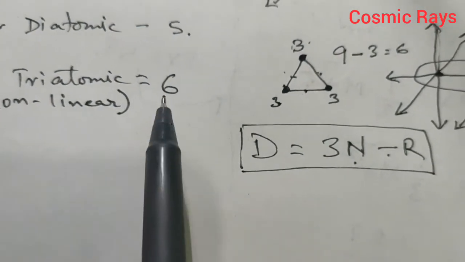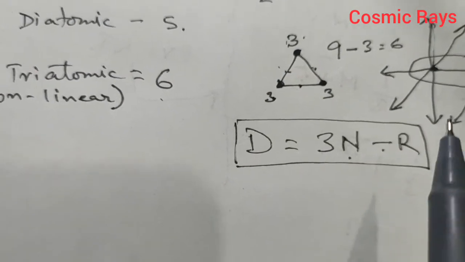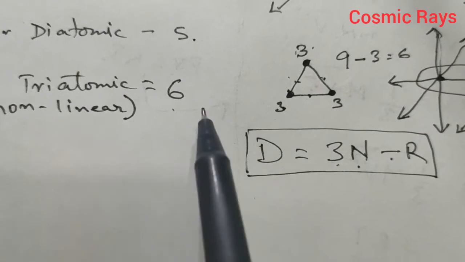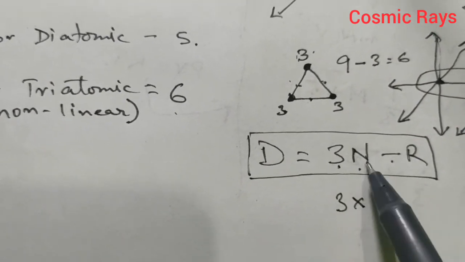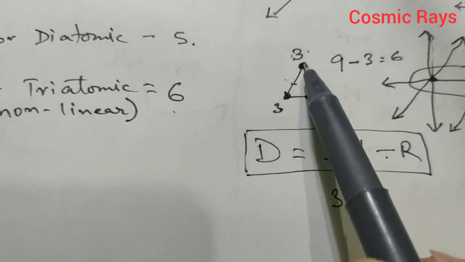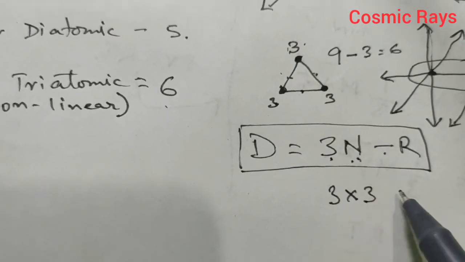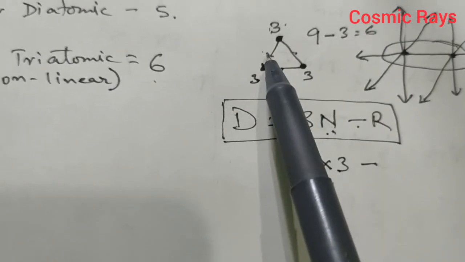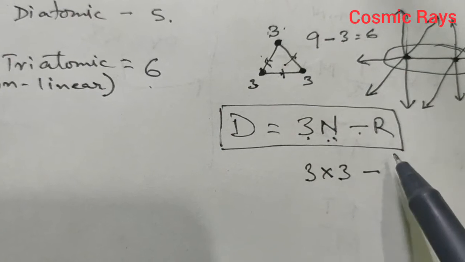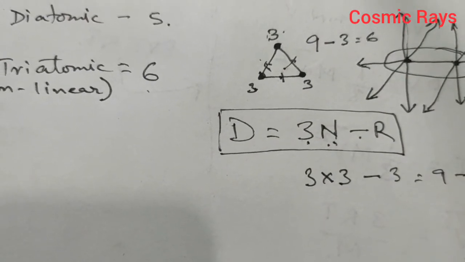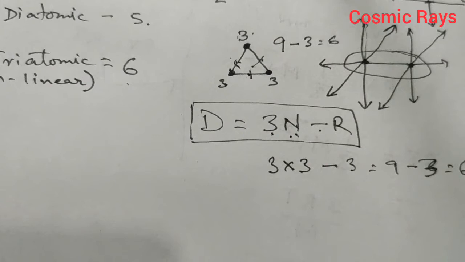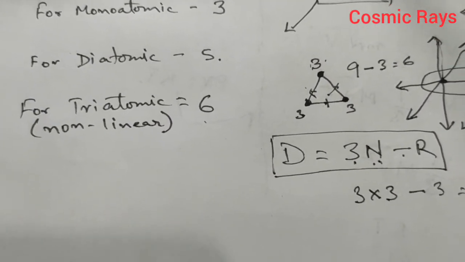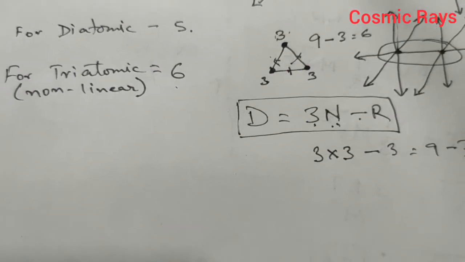Or if we want to calculate it using this formula, then what we can do is 3 multiplied by n, the number of molecules. So we have 1, 2 and 3. So 3 number of molecules minus r, the independent relation. So it has got 1, 2 and 3 independent relations. So that is again 9 minus 3, that is equal to 6. So for triatomic non-linear, the degree of freedom is 6.